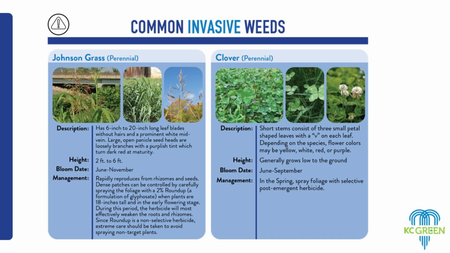So perhaps mowing or cutting to the ground would be the best option, just to knock it back. Then when we get to the heat of the summer, typically that one will recede a little bit as the desirable plants start to grow up. It's hard to use a herbicide on because it intermingles and gets in and around the plant so much. So mowing or cutting back is going to be the best option for that one.